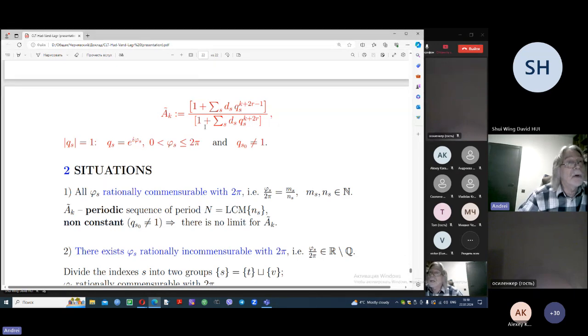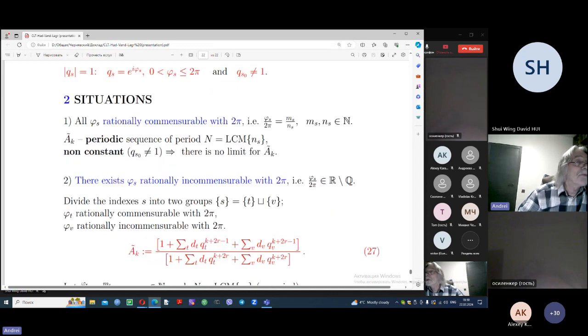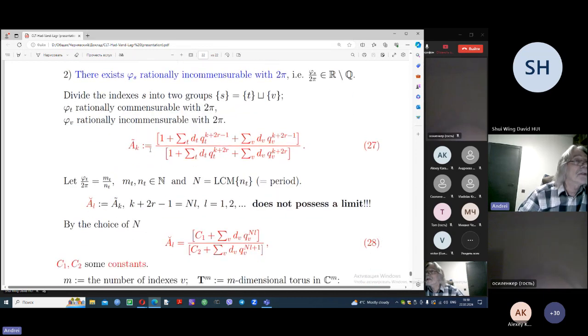So this is periodic, and of course it has no limit, because it's not a constant. Okay, so that is the first situation. The second situation is that some of them are rationally incommensurable with 2 pi. Then that means that this ratio is irrational.